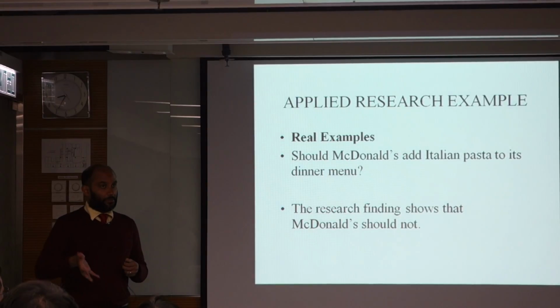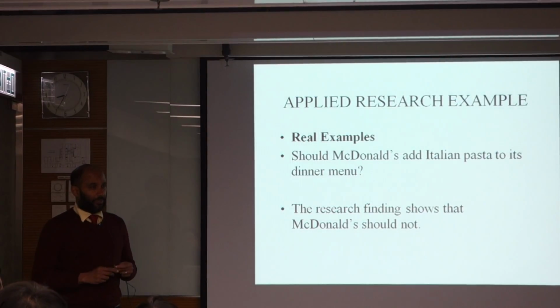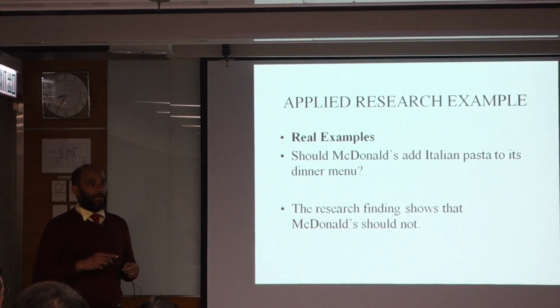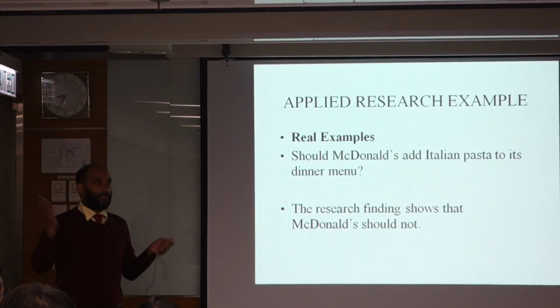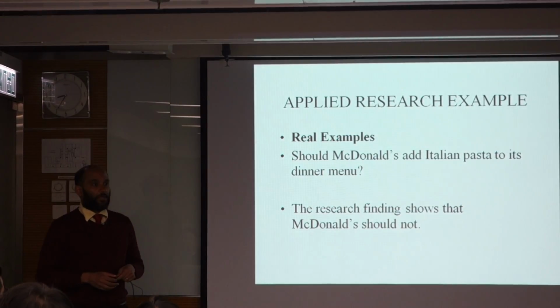For example, when you go to McDonald's in Hong Kong and China, you can see sweet corn, right? Sweet corn cannot be found in many places. In USA, they have sweet corn as well because they have plenty of production of sweet corn. But you can't find sweet corn in McDonald's in UK.